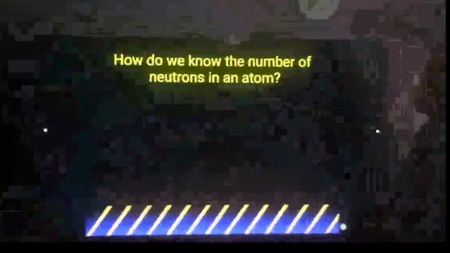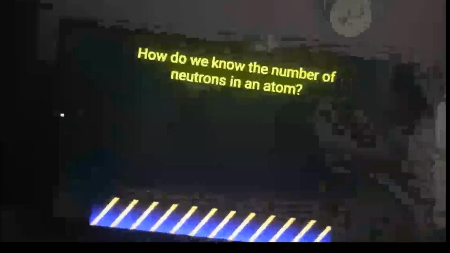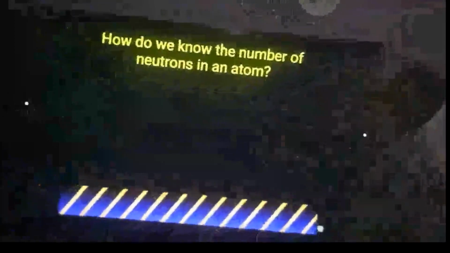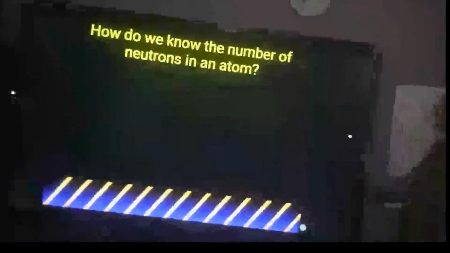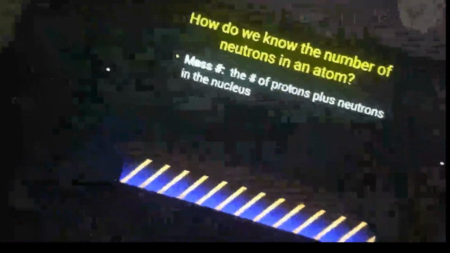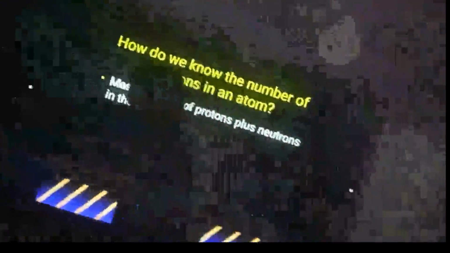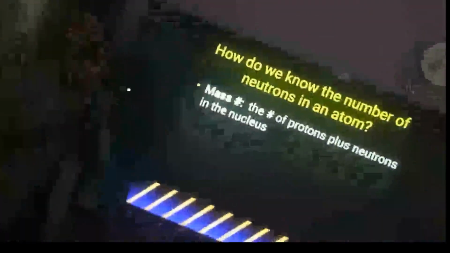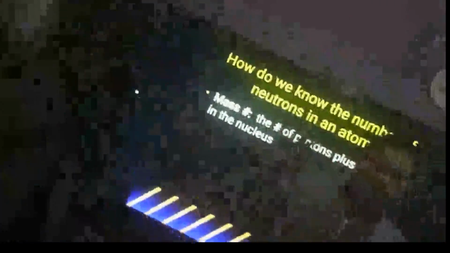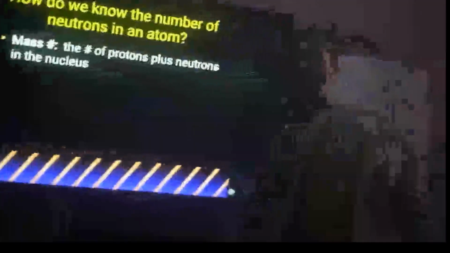How do we know the number of neutrons in an atom? We know that protons and neutrons are found inside the nucleus. Now, how do we know the number of neutrons? Normally, after the atomic number, the next thing we describe is the mass number. Do you have any idea about the mass number?